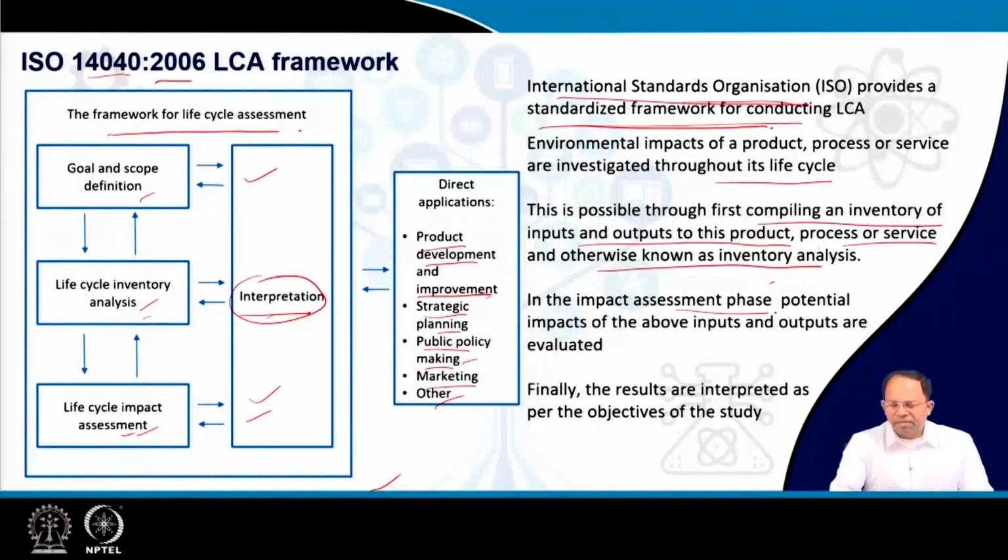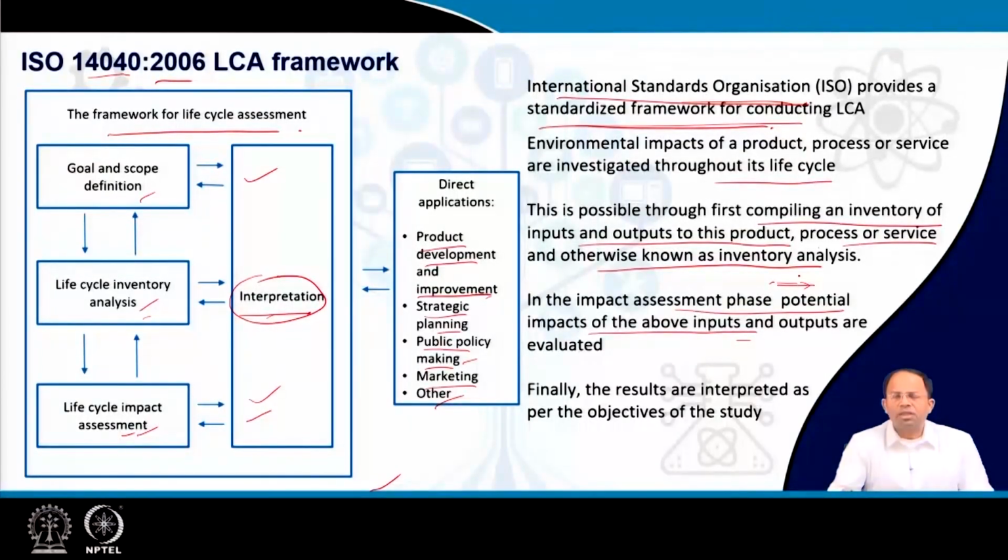The impact assessment phase determines the potential impacts of each of these inputs and outputs, and then determines the overall impact for this particular product. So each input that goes into making a product or a process results in some pollution, some emission, some effect, right?